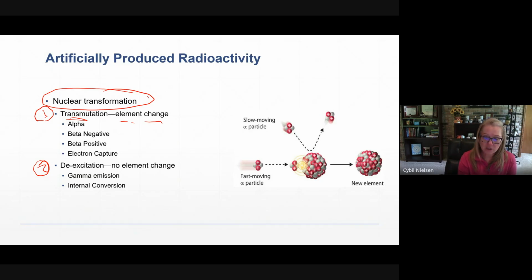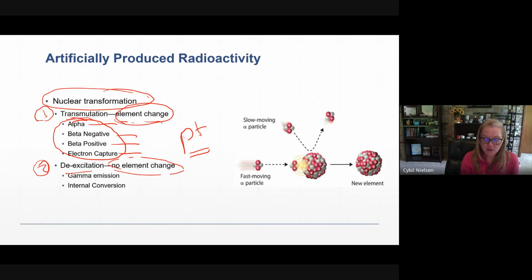And on the converse side, once we make it proton rich or neutron rich, then it's going to decay, and it does that by transmutation as well. So in each one of these, alpha, beta negative, beta positive, and electron capture, the number of protons change, so the element changes. Whereas in de-excitation, the element doesn't change.